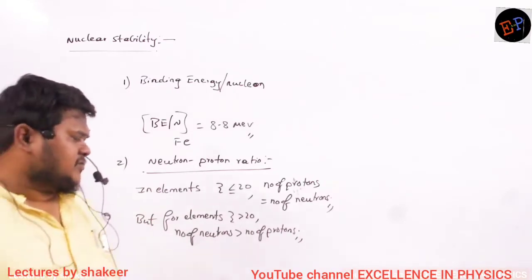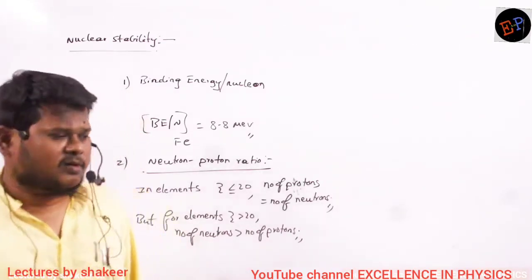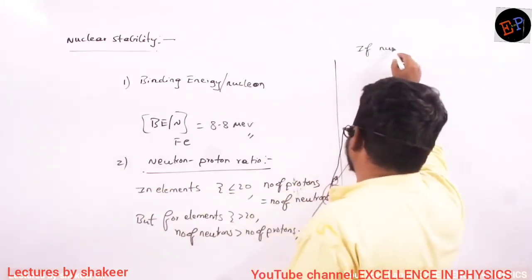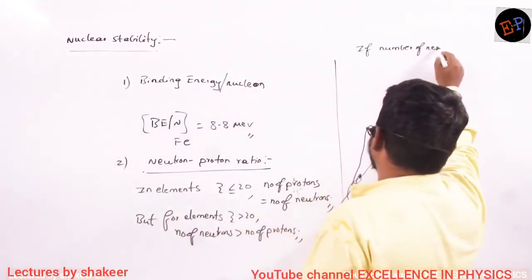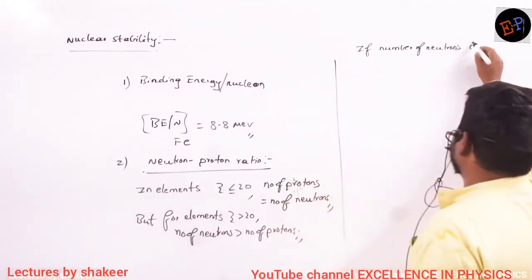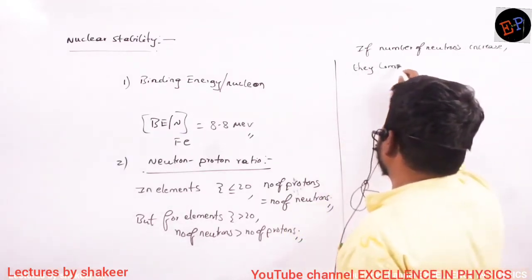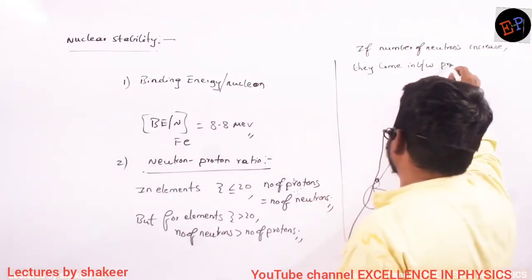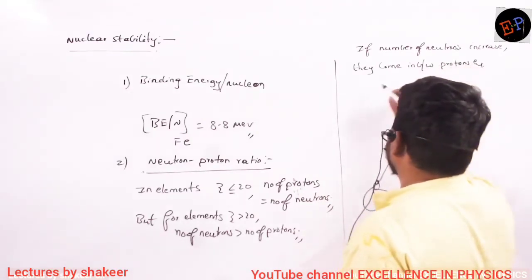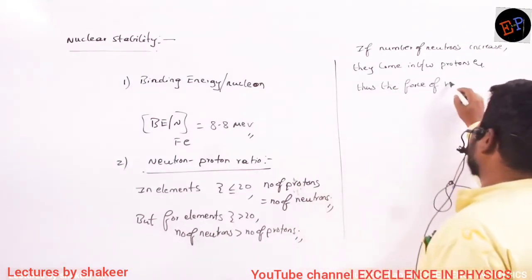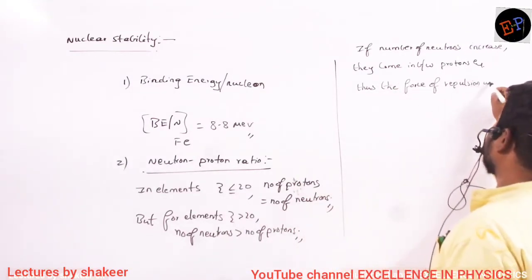So how the increase of neutrons is accountable for stabilizing the increasing number of protons, let us see. If the number of neutrons increases, they come in between protons, and thus the force of repulsion is reduced.